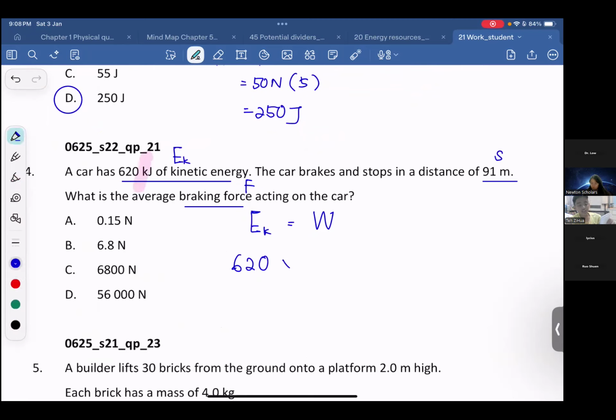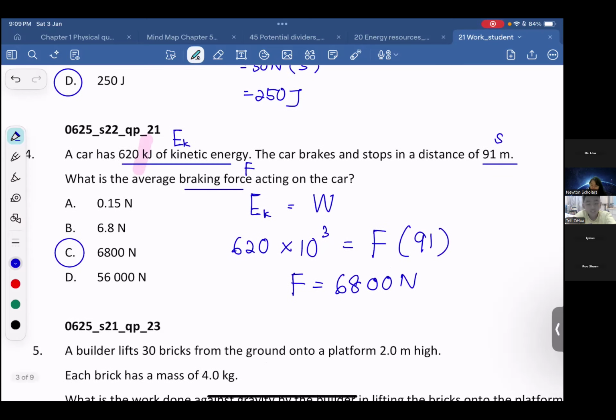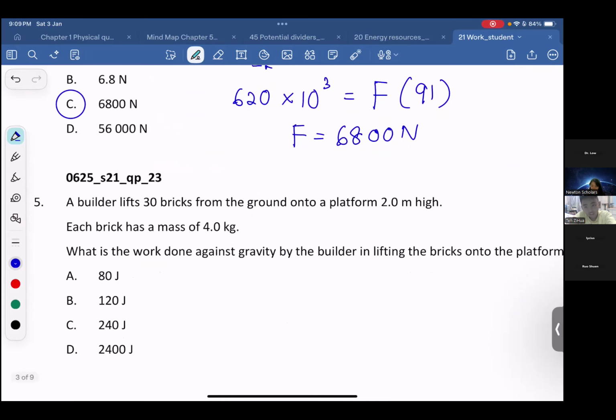Don't forget about the prefix, times 10 power of 3 equals to force times distance, which is 91. So what is your force? Your force is actually 6800 Newton. Answer should be C. Is it okay? Energy transfer. What energy do you have? 620 kilojoule. Okay, Crystal okay already, so we can go down.